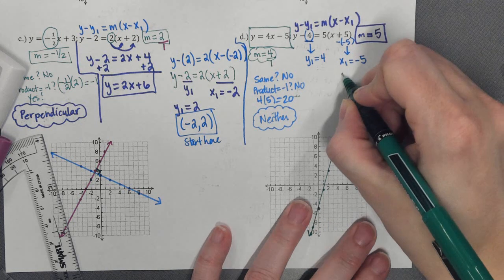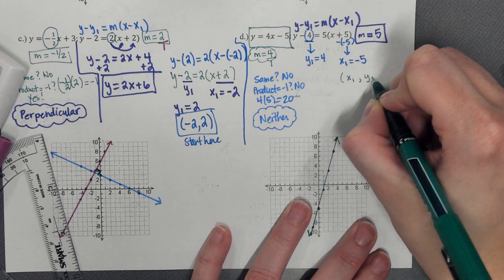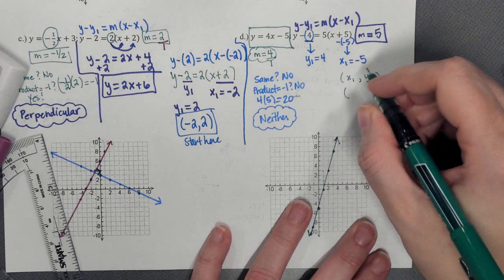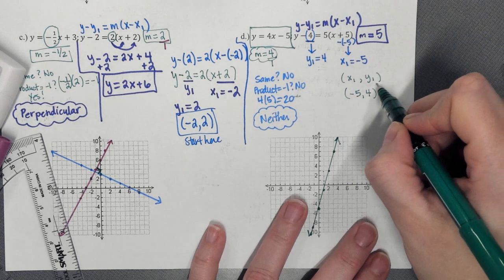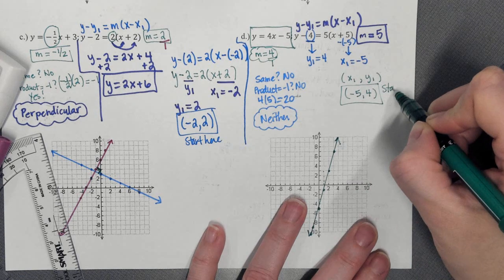Okay, and then every point that you write, the x goes first, the y goes second. So we're going to start at -5, 4. Okay, so this is where you're going to start when you graph.